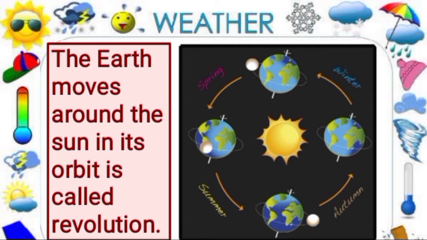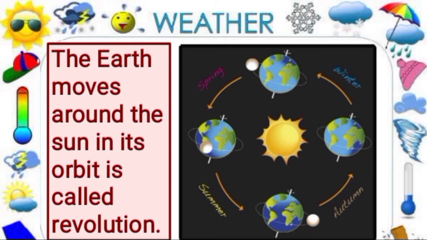Now let's understand what is revolution. Revolution is often used as a synonym for rotation. But in many fields of science, like astronomy and related subjects, revolution is referred to as an orbital revolution.